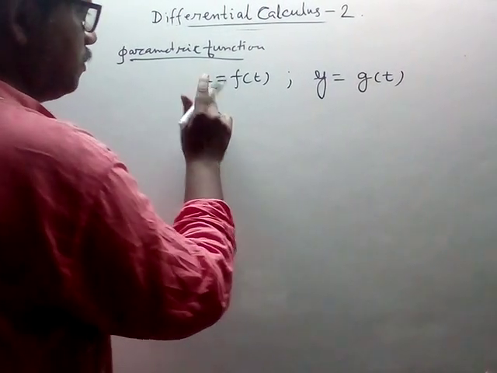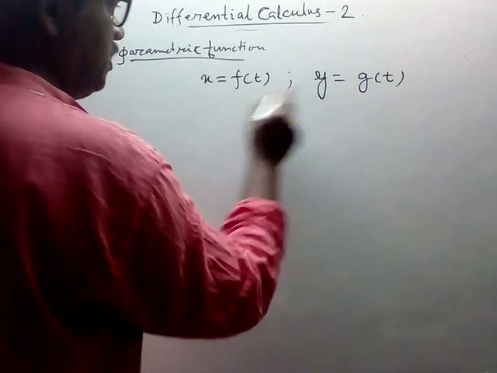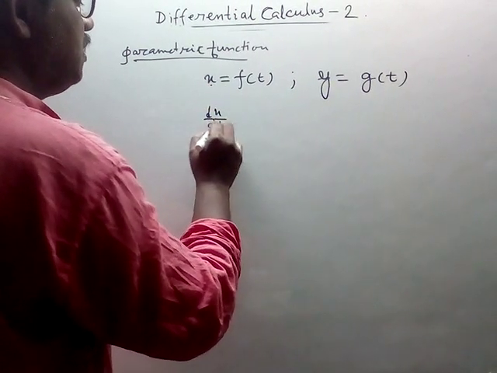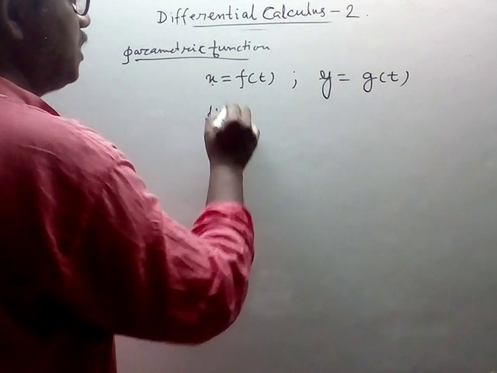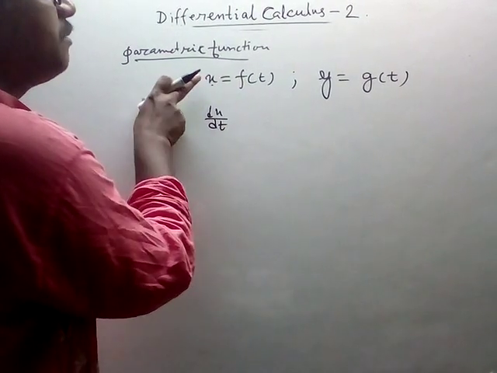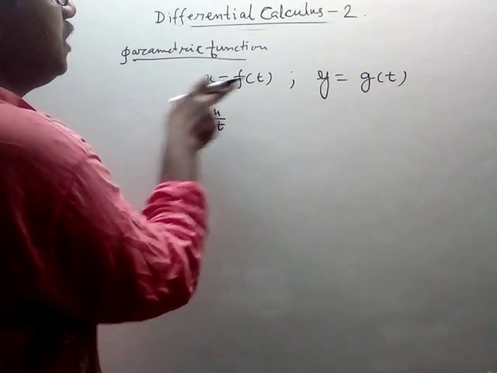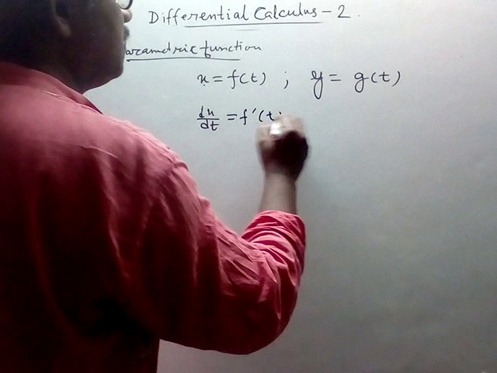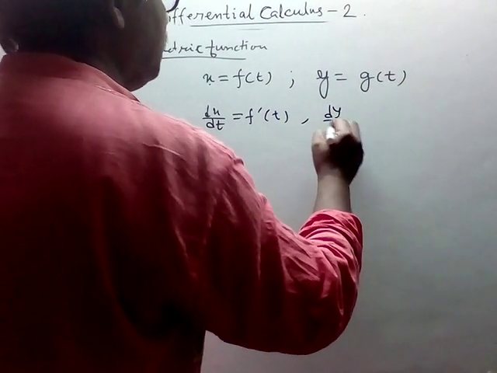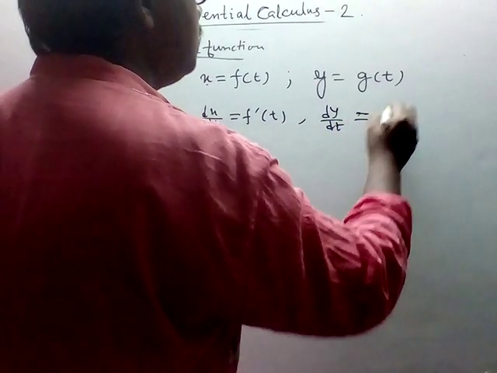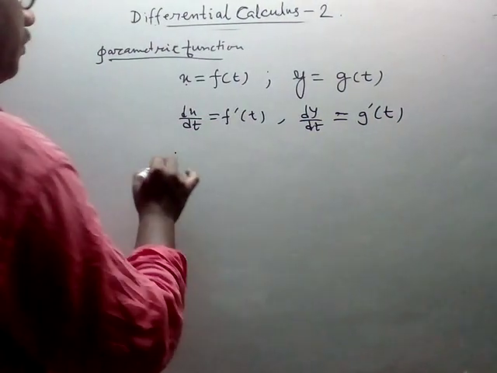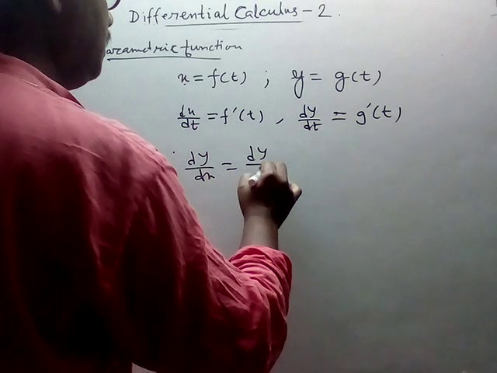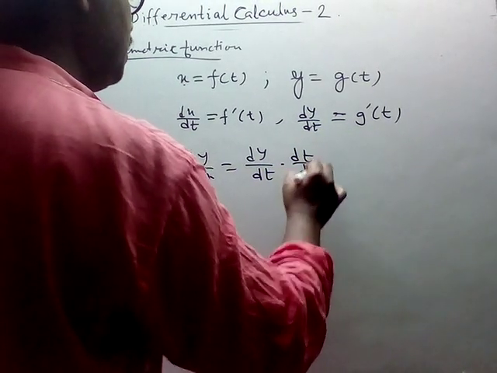So to find out dy/dx, we have to find d/dt of x, the differential coefficient of x with respect to t. Since x is a function of t, it equals f dash t, and d/dt of y equals g dash t. So to find dy/dx, this means dy/dt into dt/dx, chain rule.